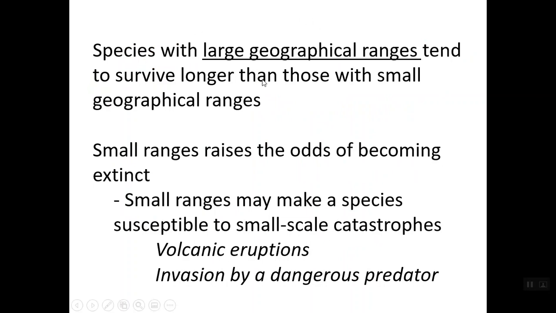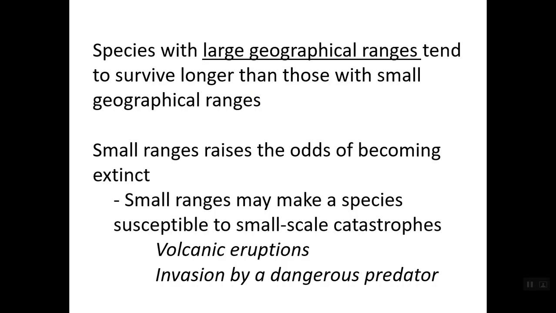Just to give you an idea here, if you have species that occupy a large geographical area, these species are less susceptible to going extinct than species that occupy a very narrow geographical area.